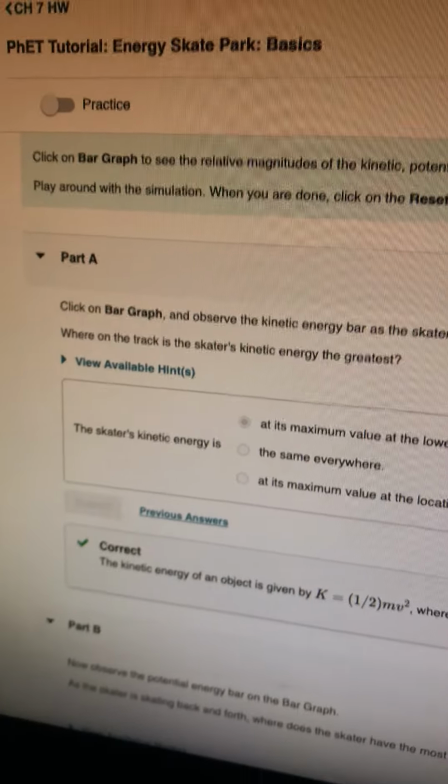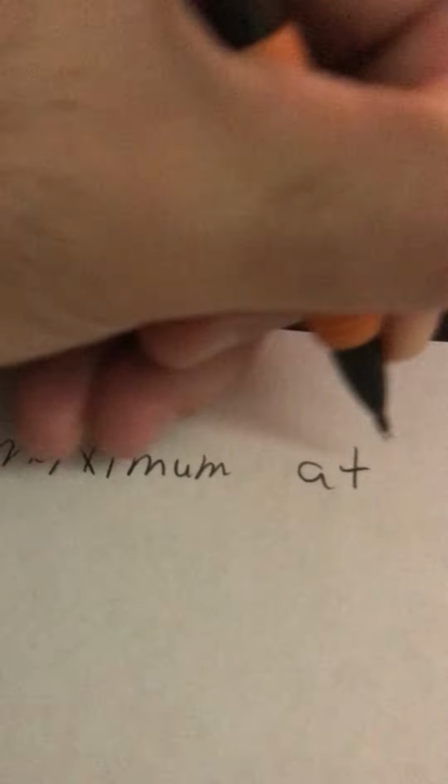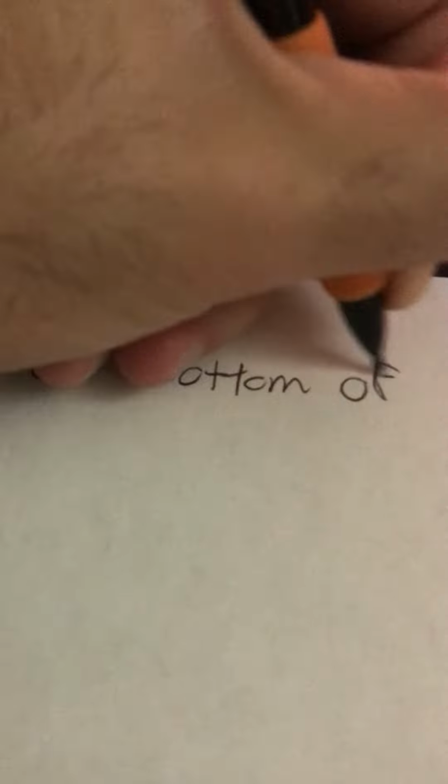We just explained that. So for part A, K is maximum at the bottom of the track.